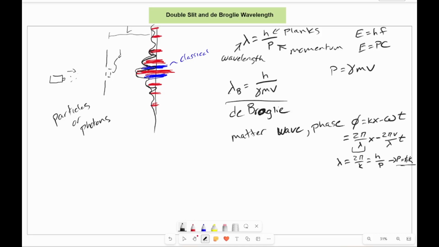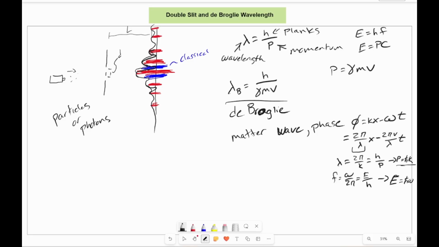And then we can also look at the frequency is equal to, and this is just looking at the energy equation. So the top one's the momentum equation, and we can come up with this relationship here.